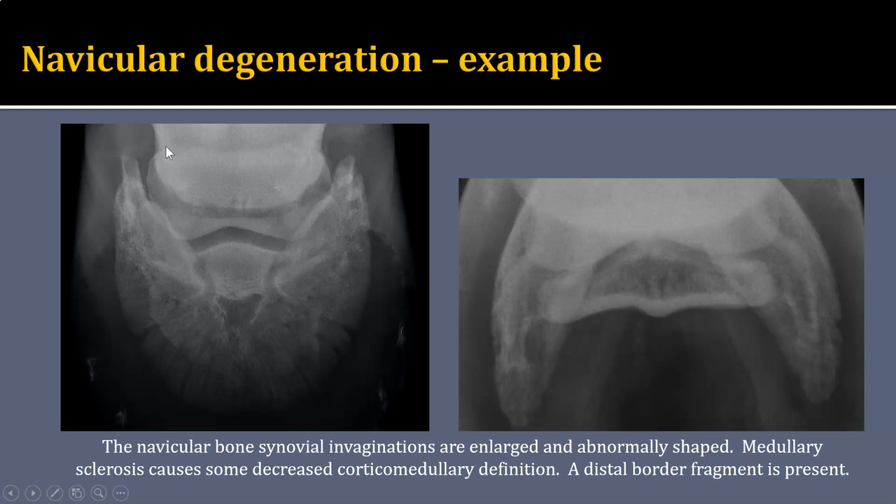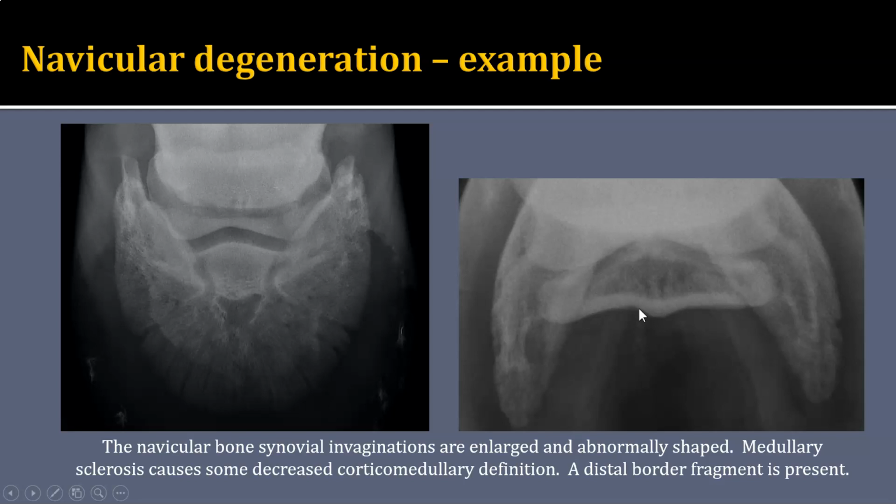On this view, we can again see that proximal margin remodeling, and now we can see that this patient has some abnormally shaped synovial invaginations. I also believe that there is a separate osseous fragment here over at the corner of this body that is associated with that distal border.